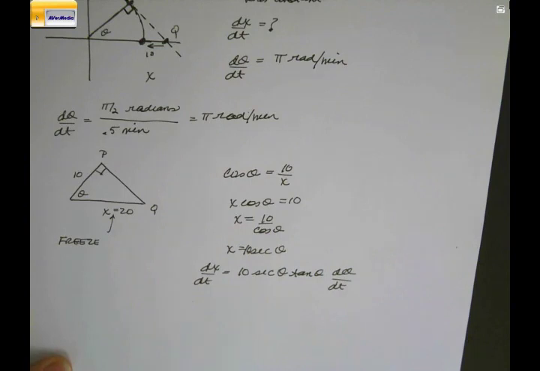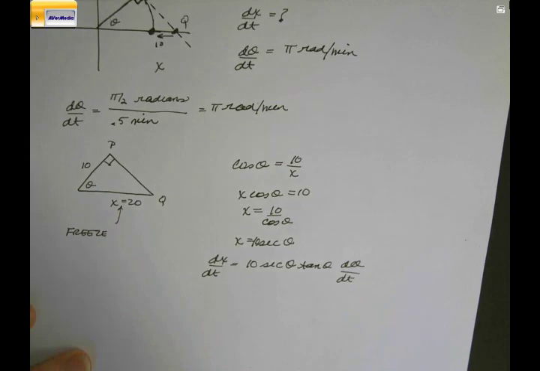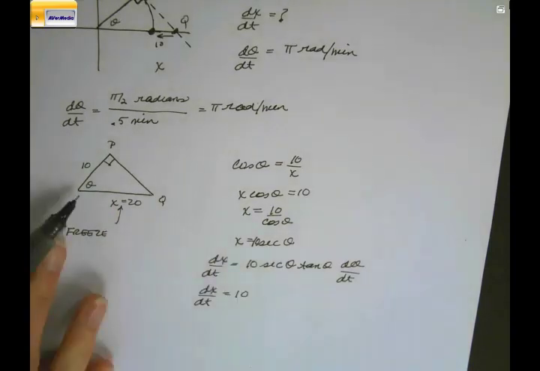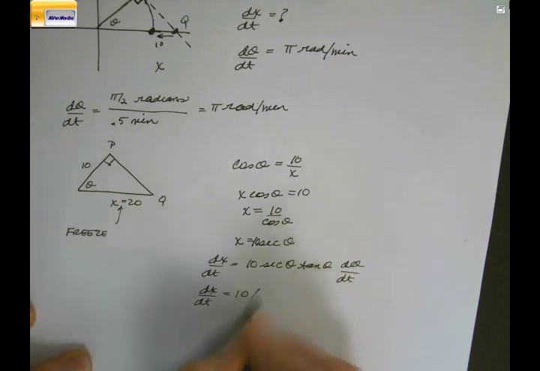Okay. So now let's see if we can figure out these trig ratios, right? Okay, dx dt equals 10. What is secant theta? Well, I got to change it myself. Secant theta is 1 over cosine theta, right?